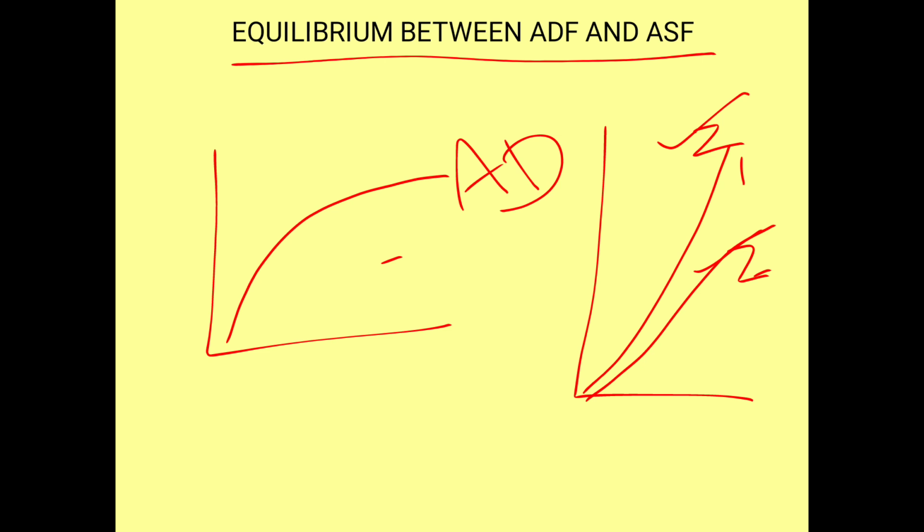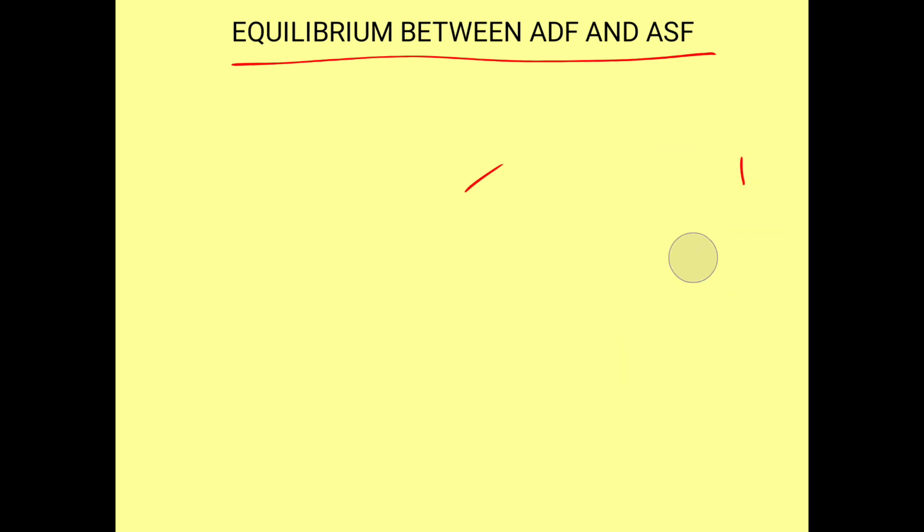Linear means money wages are fixed. Non-linear means wage rates increase with employment, so as employment keeps increasing, the wage rate also increases. So today we are going to see the relationship, or the equilibrium, between aggregate demand and aggregate supply.